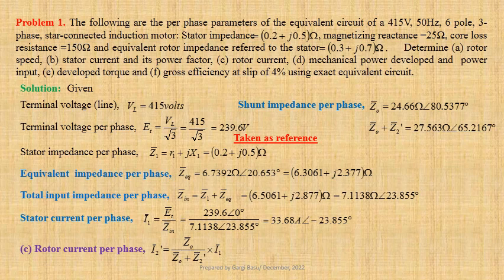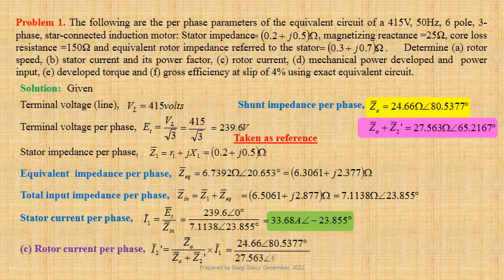Using values we get I2' equals 24.66 at an angle 80.5377 degree divided by 27.563 at an angle 65.2167 degree into 33.68 at an angle minus 23.855 degree.